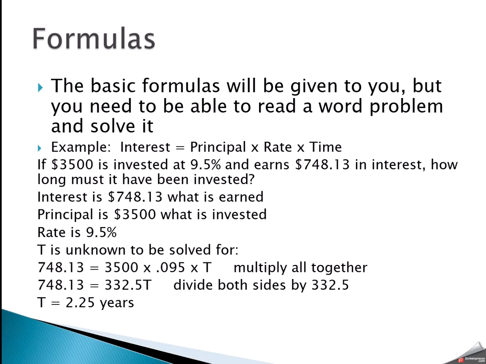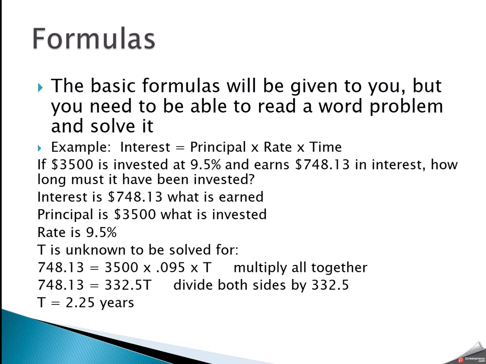That's ultimately what we'll be doing through the rest of the chapter or the rest of the textbook, so we want to understand that. If we have a formula like interest equals principal times rate times time, and we have a little word problem where we have $3,500 invested at 9.5% and we earn $748.13 in interest, how long must it have been invested?